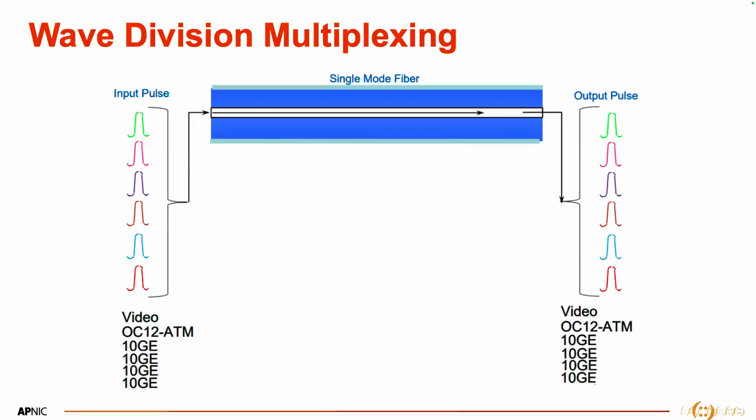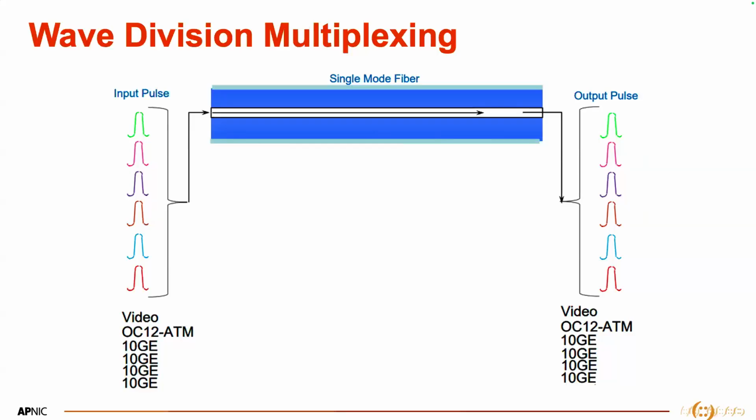Each of them is different from each other, but they are not visible color. So this is the fundamental concept of WDM, wave division multiplexing.